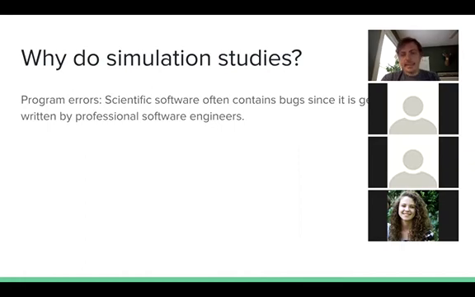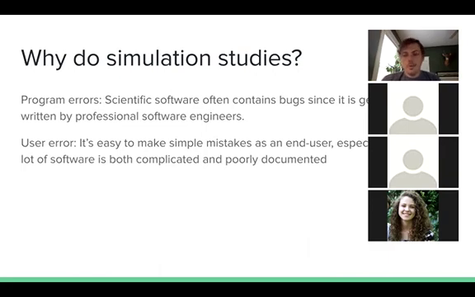This is particularly common with scientific software, because scientific software is, at the end of the day, mostly written by people like you and me, graduate students, postdocs, assistant professors, people who weren't necessarily trained as software engineers, and so could easily make mistakes when implementing a particular method in code. So running simple simulation studies allows us to check that the software is actually working like it's supposed to.